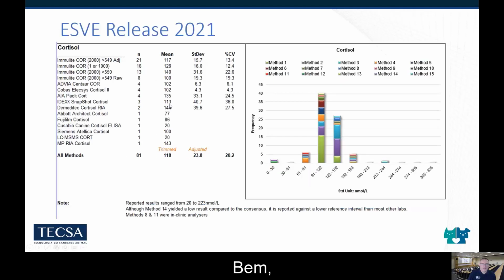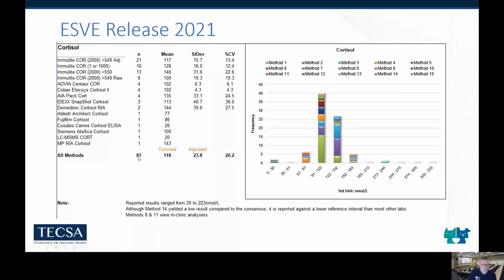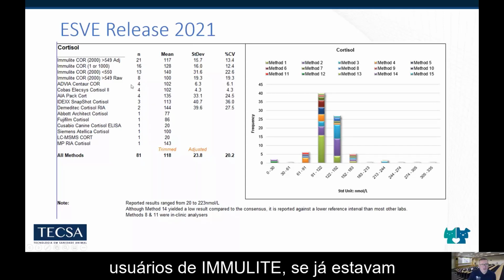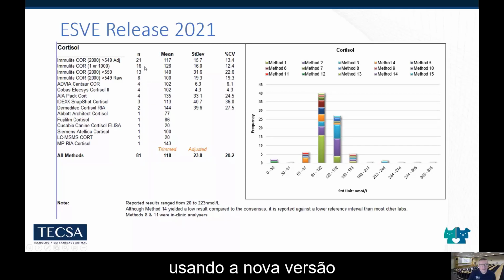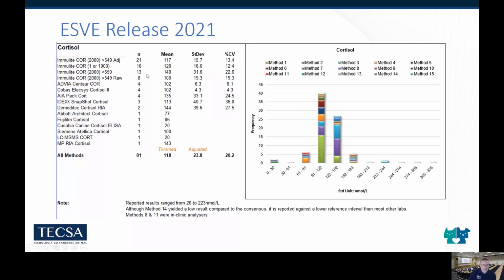Apologies. So looking at a more recent release, this is last year's ESVE release, a larger group of participating labs. But we had to divide up the Immulite users according to whether they had already started using the new Immulite reagents, and if they had, whether they were making any adjustments to the results.